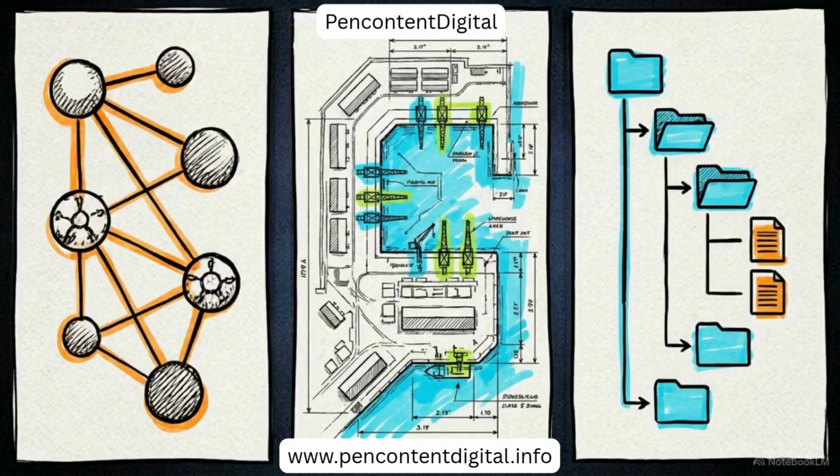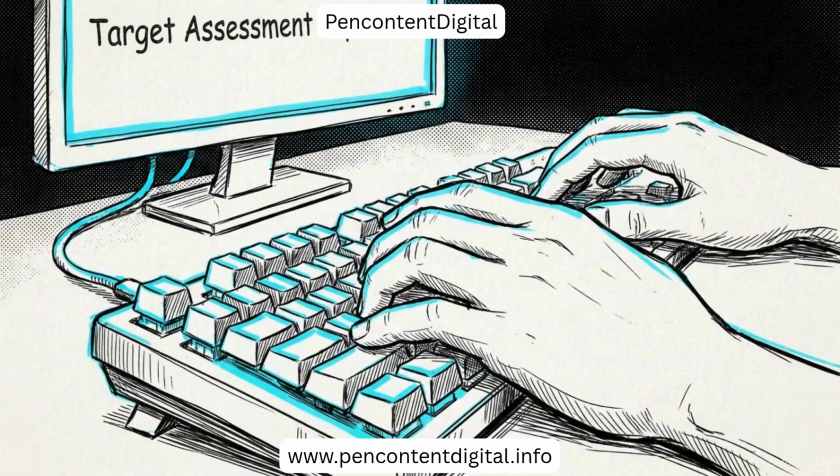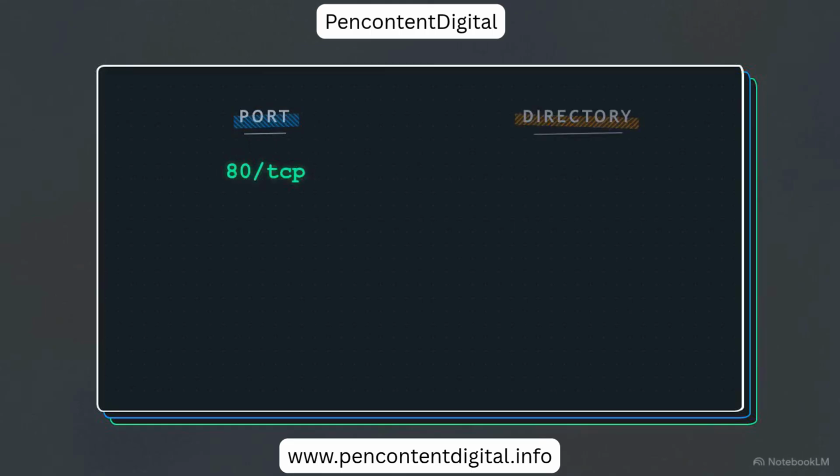We started with zero knowledge of this environment. Now we have a fully mapped network, an accurately fingerprinted target, and a clear list of exposed web directories. The immediate next step for any ethical hacker is the meticulous documentation of this newly acquired intelligence profile. Every open port and accessible folder must be recorded.